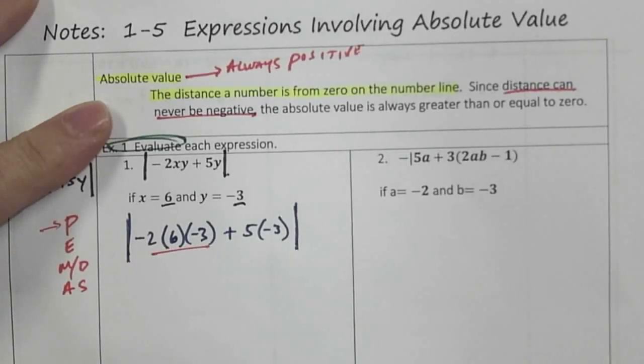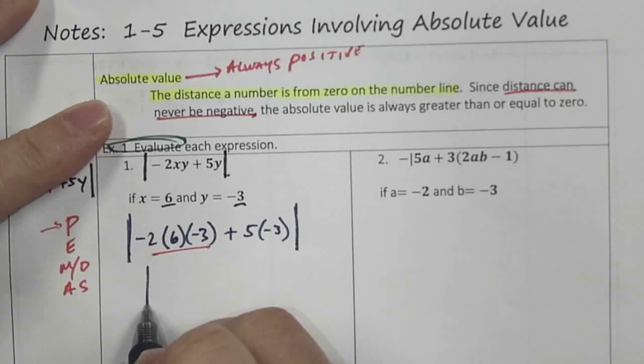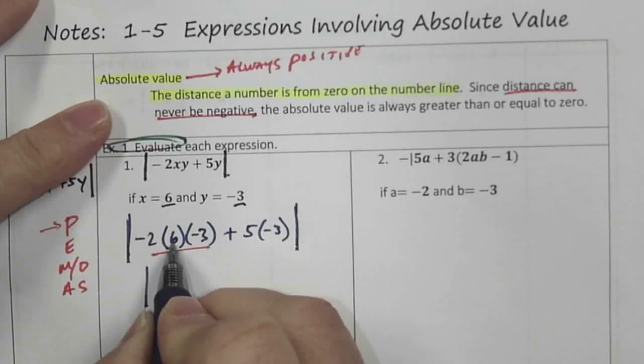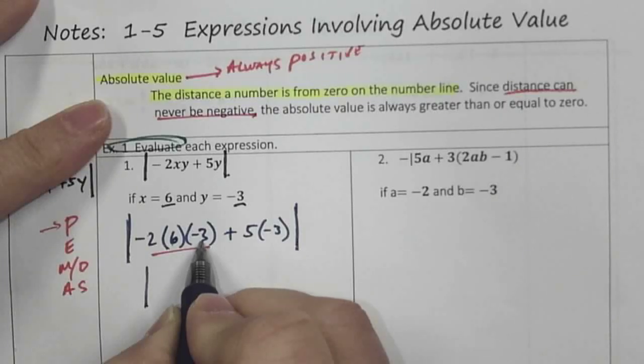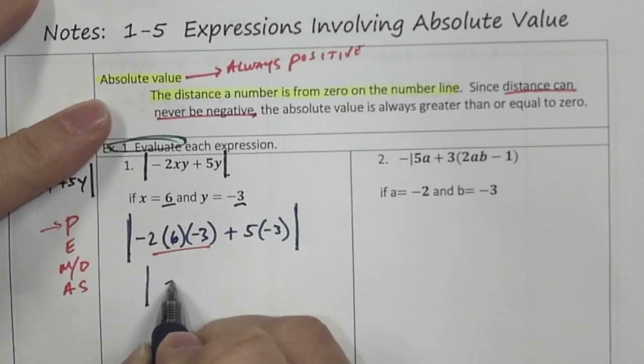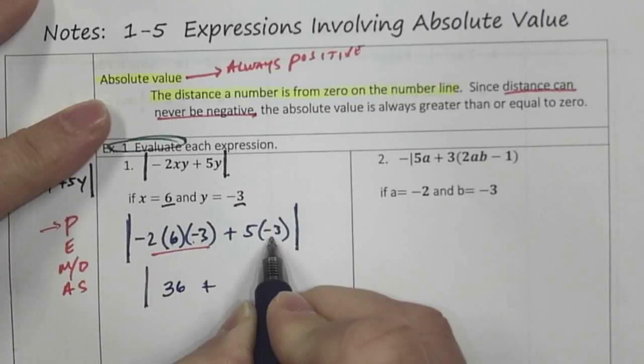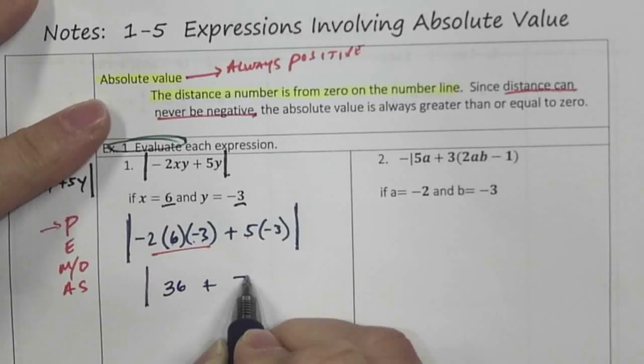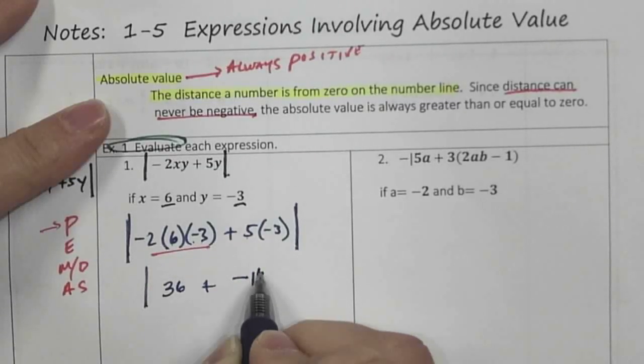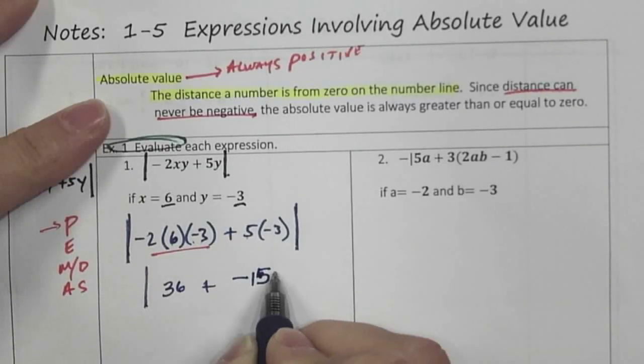So we're going to go here and multiply. -2 times 6 is -12. -12 times -3 is positive 36. And then we can go over here, there's another multiply. 5 times -3, -15. Get that 5 right.